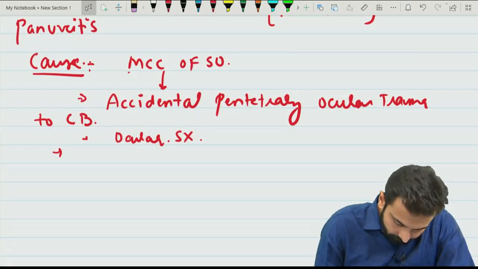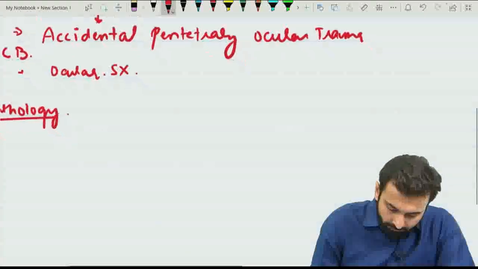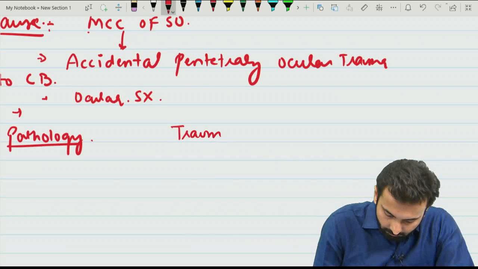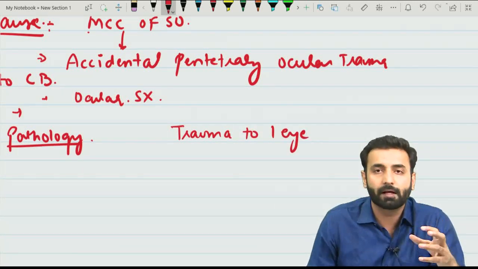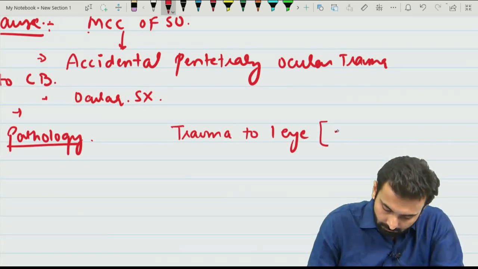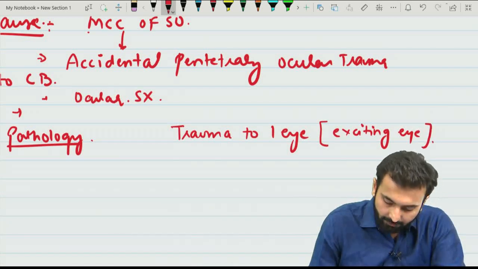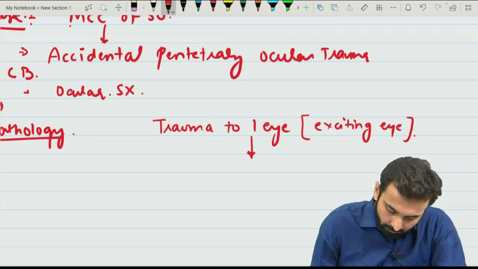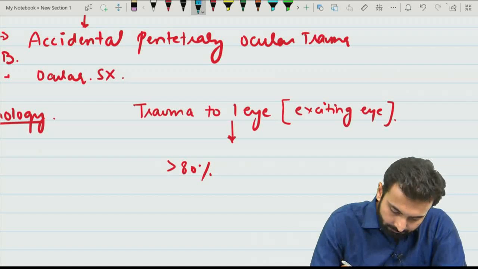Now coming to the pathology of sympathetic ophthalmitis. It occurs due to trauma, right? So there is trauma to one eye, and the traumatized eye is called the exciting eye. Now what happens after trauma to one eye?